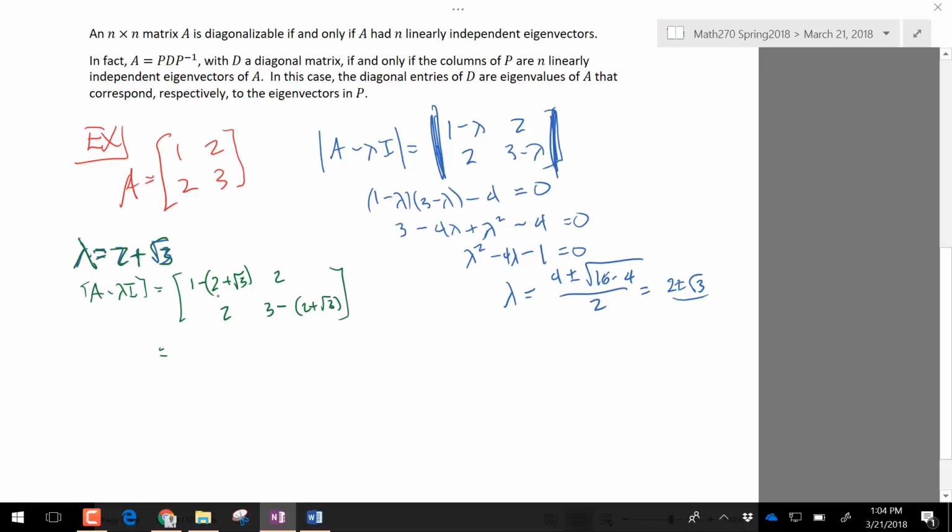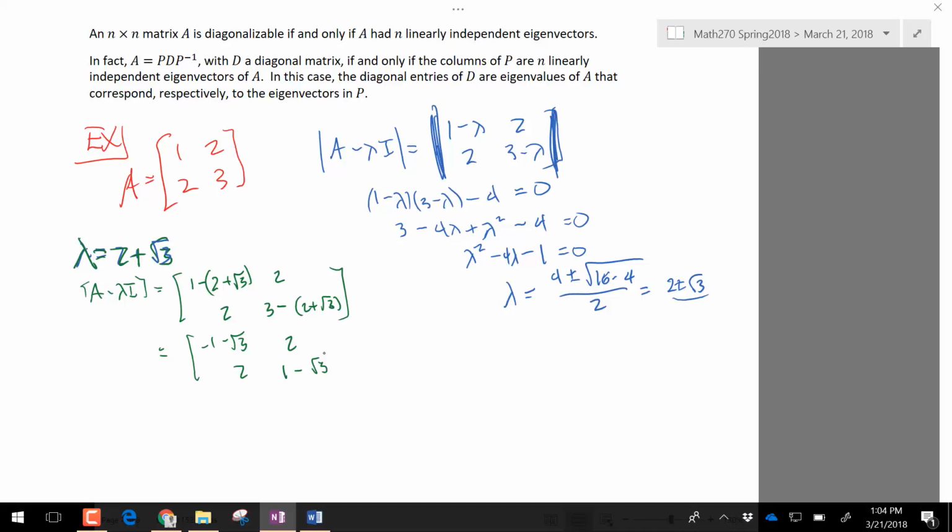And this is going to give us negative 1 minus root 3, 2, 2, and then positive 1 minus root 3. Did I do that right?